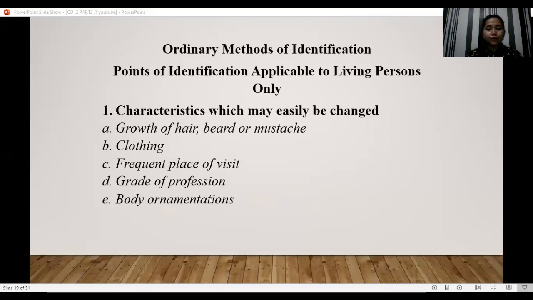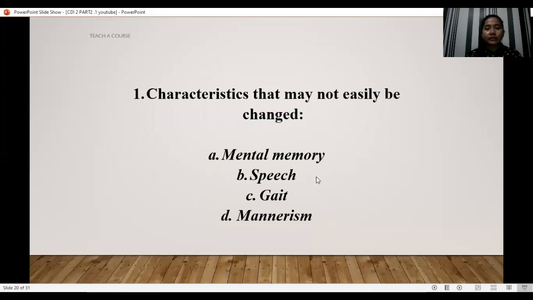So next, we have the characteristics that may not be easily changed naman. So the first one, we have the mental memory. So when we say mental memory, recollections of time, place, and events may be a clue in identification. Remembering names, faces, and subjects of common interest may be initiated during the interview to see how knowledgeable a person is.